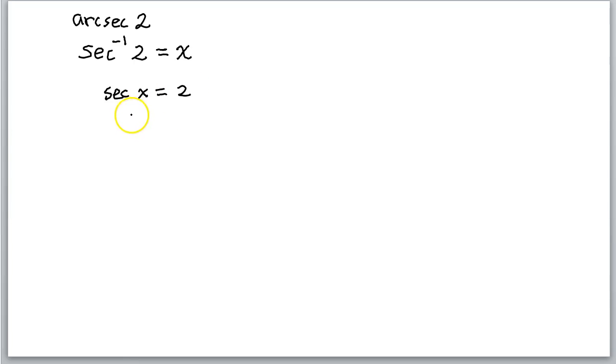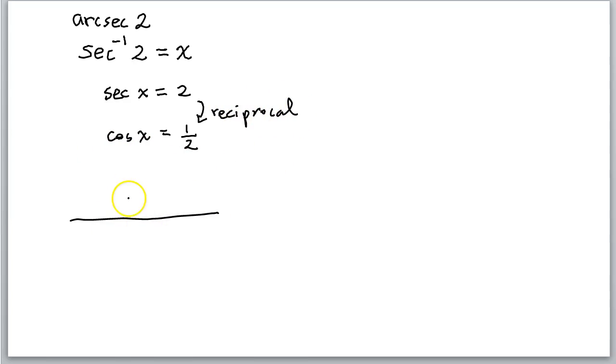And then think about what secant of x is. That's the reciprocal function of the cosine. So in terms of the cosine function, you're really looking at the reciprocal of this right side, which is 1 over 2. Okay, so here's the reciprocal.